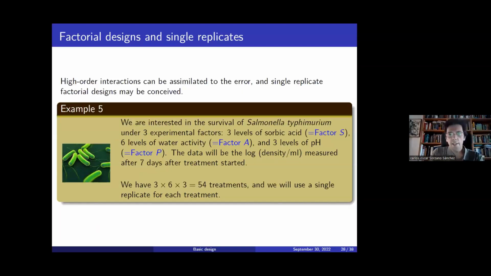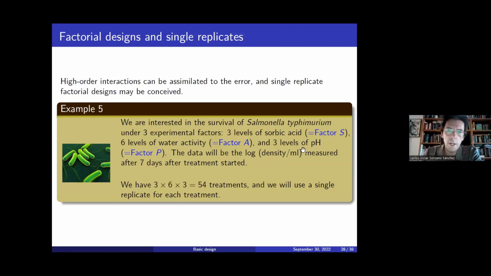And here is another example. So let's say that you're interested in the survival of Salmonella, a bacteria, and you have 3 possible factors that you can change. So you have 3 possible concentrations of sorbic acid, 6 possible levels of water activity, and 3 possible levels of pH.